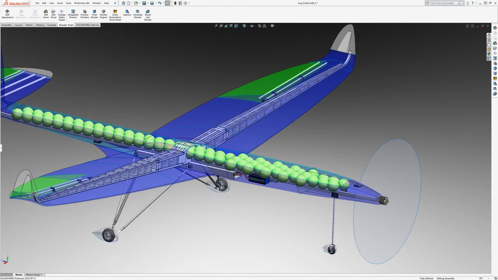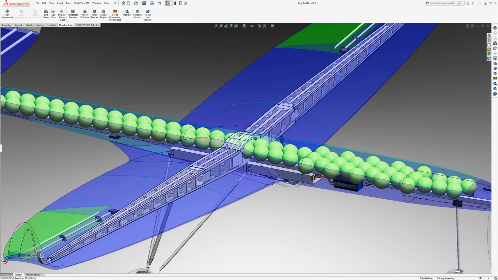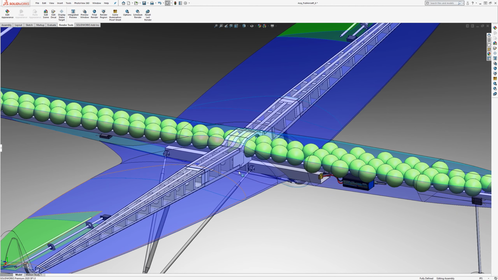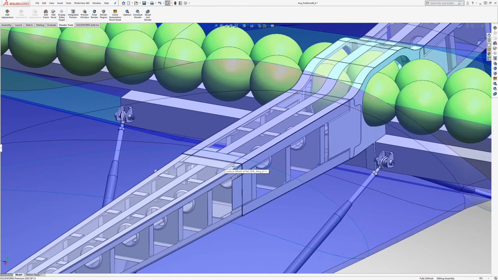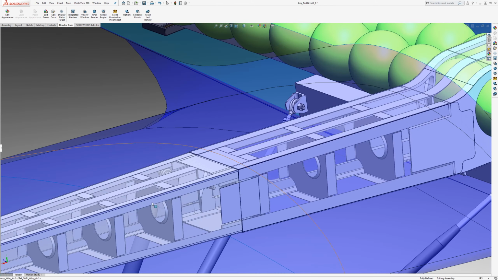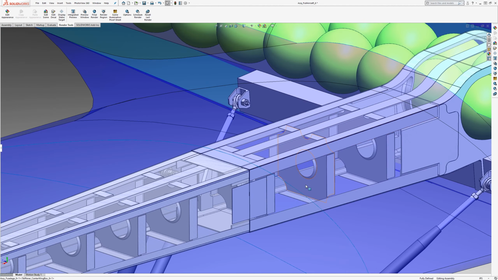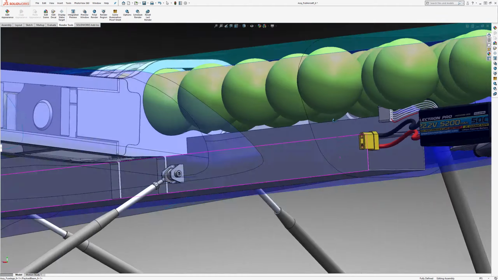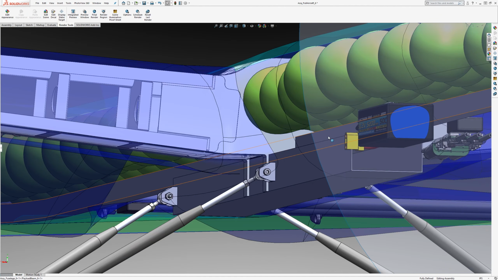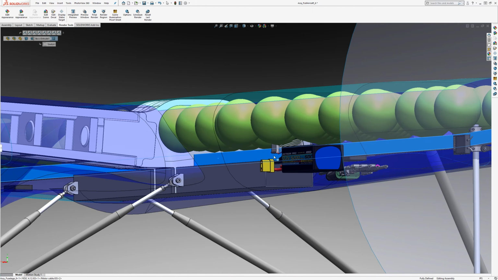We'll first take a guess, maybe with just some hand calculations, of, for instance, the thickness of the skin. They're transparent in this view. The thickness of the skin of the wing box, maybe the thickness of the walls of the keel beam, that type of thing.